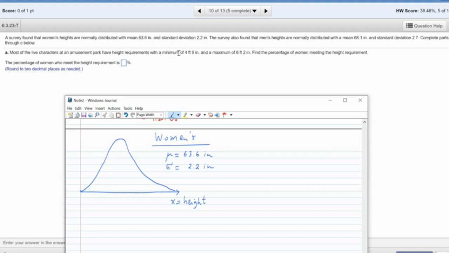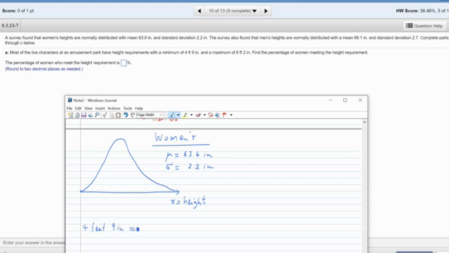Now we have to find the percentage of women between 4 feet 9 inches and 6 feet 2 inches. So we have to convert. 1 foot equals 12 inches, so 4 feet is 48, plus 9, which is 57 inches.